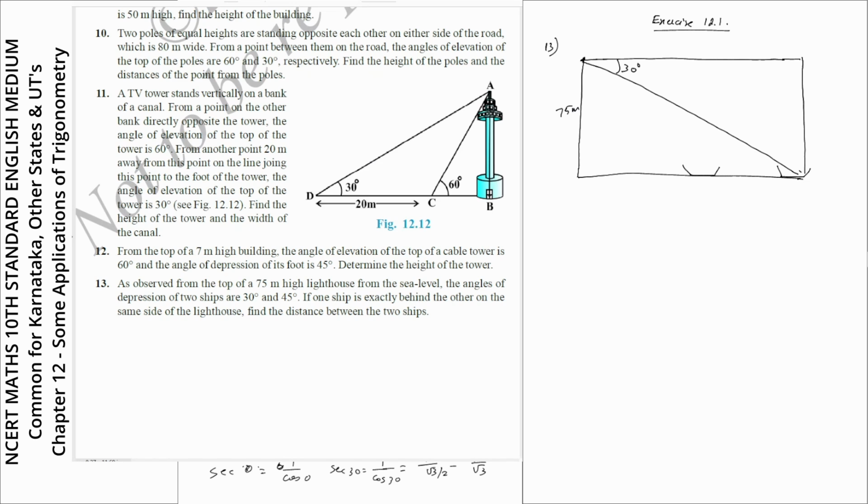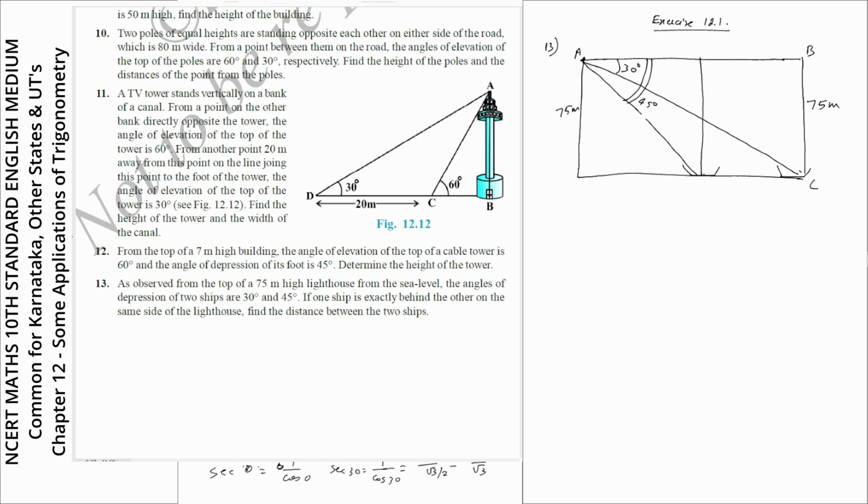The height of the lighthouse is 75 meter height. I'll call this point A, and this B, C. So the angle of depression of one ship is 30 degree. That means this also will be equal to 75 meters, and the angle of depression of another ship is 45 degree. That is this angle.